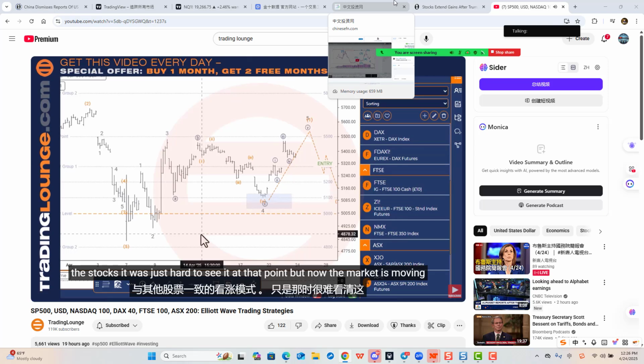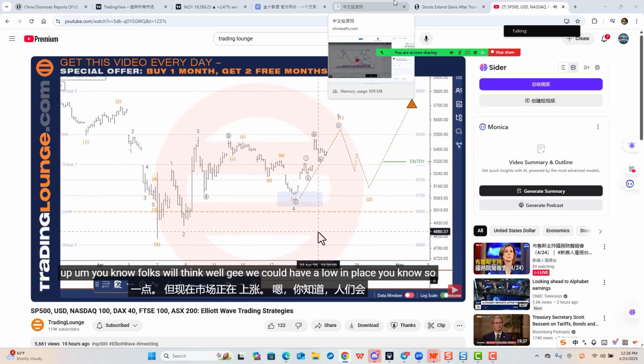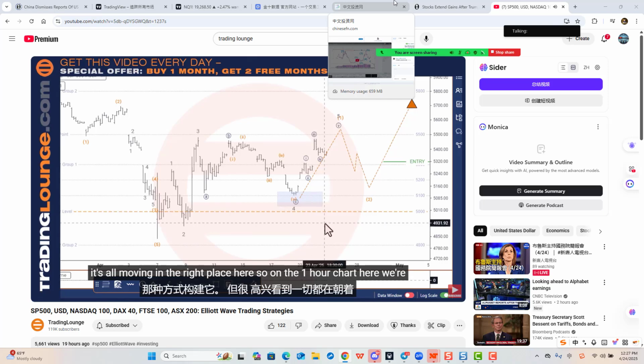It was just hard to see it at that point, but now the market is moving up. Folks will think, well, gee, we could have a low in place, so we start building it that way. But it's just good to see that it's all moving in the right place here.